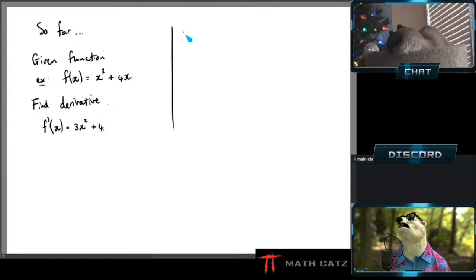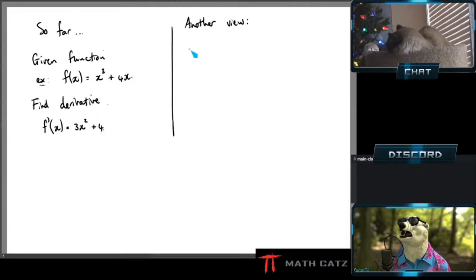But I could look at this in a different way, and that way is going to become crucial when things get a little bit more complicated. It's not a different view, it's just a more general view of this exact same thing.